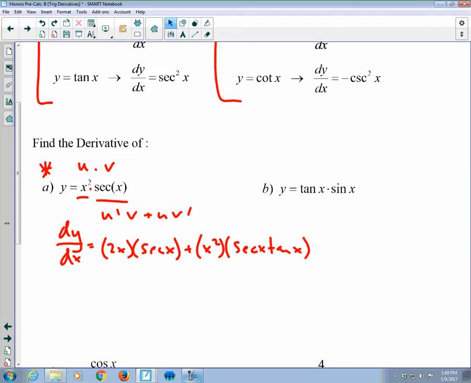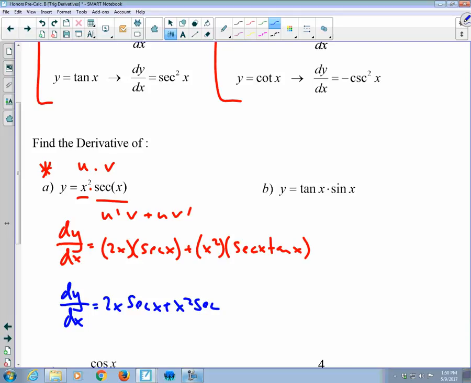Now right here, I would simplify this a little bit by taking down my parentheses and writing this as dy dx equals 2x secant x plus x squared secant x tan x. And that's sort of how we're going to use this.